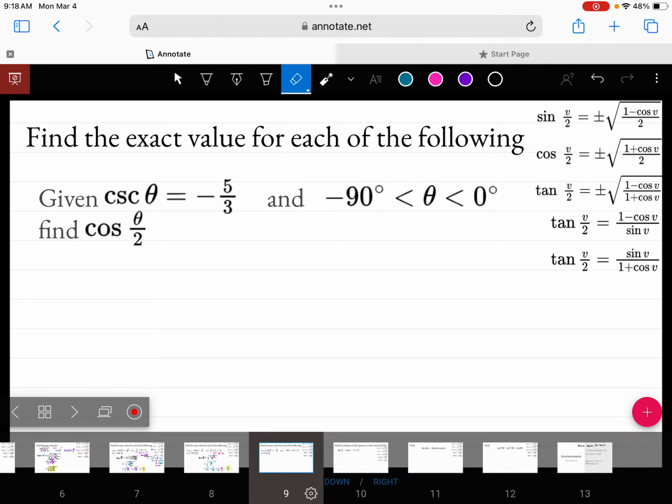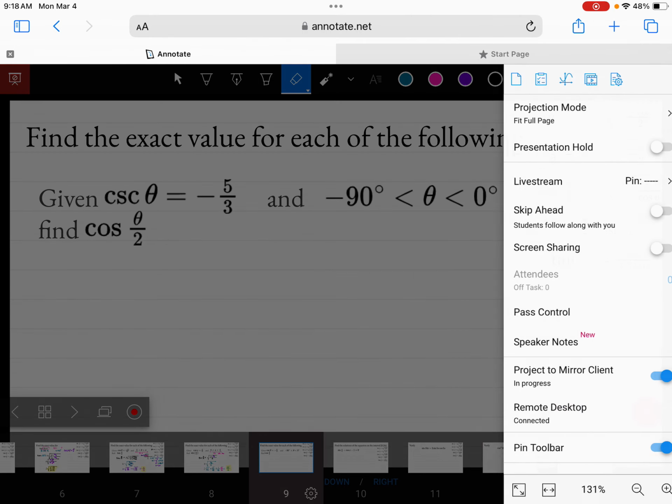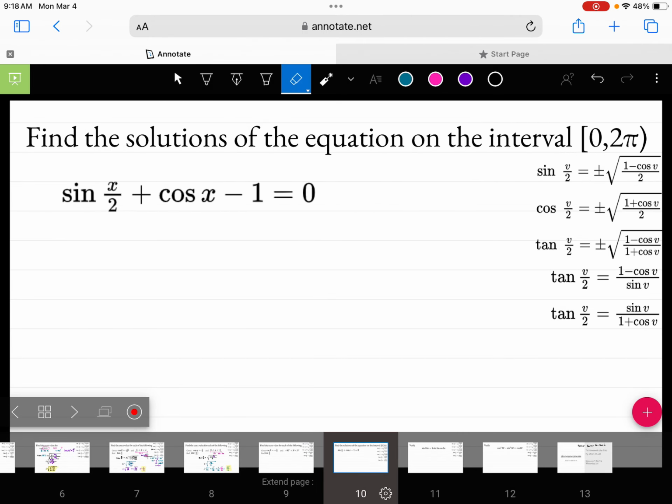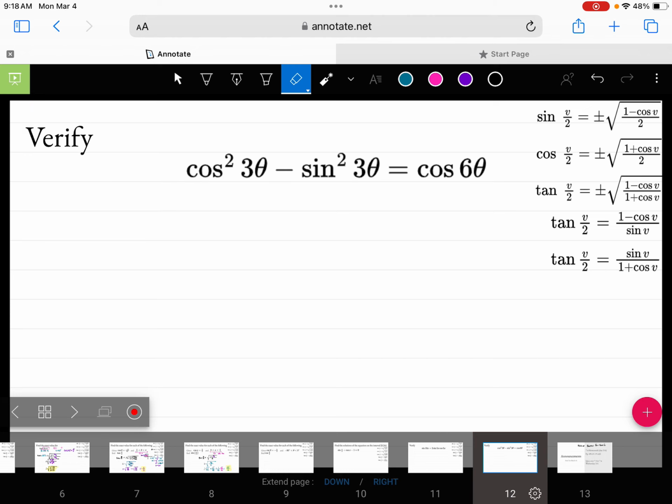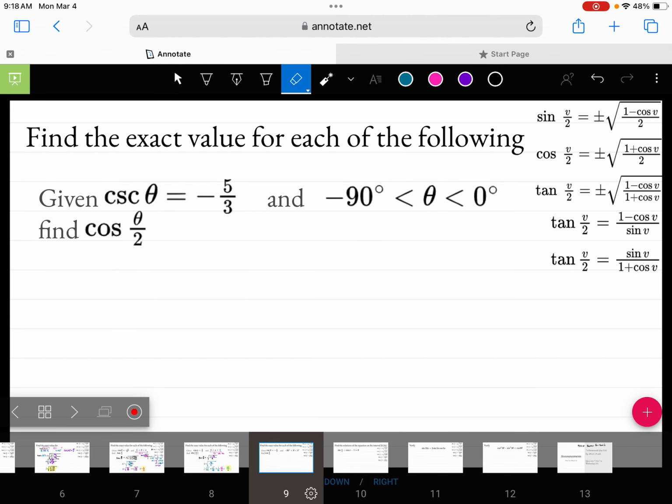So we're going to do another one like this. Very similar vibe. Before we get into the next kind of style of problem. So here we have cosecant of theta is -5/3. And we know that theta is between -90 and 0.